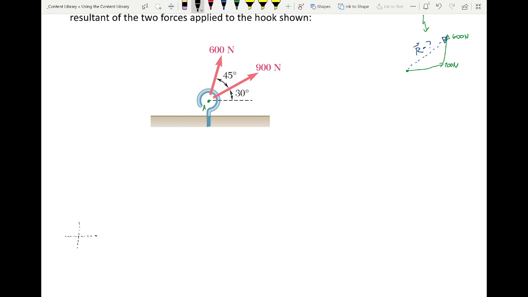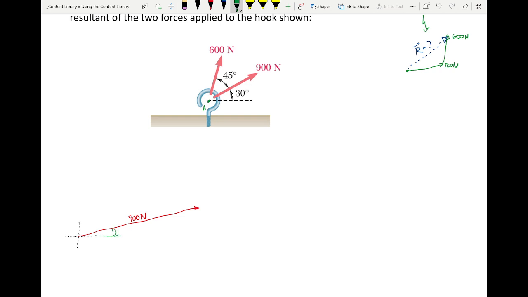Okay, so let's start off with this 900 Newton force. Let's draw that, I don't know, like that. And so this is 900 newtons. Now, let's see if you all are paying attention.